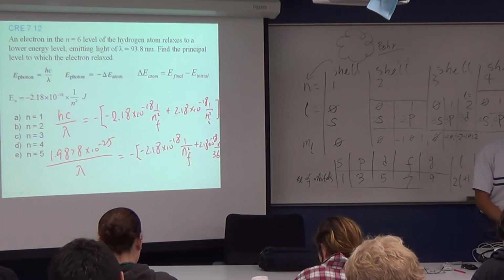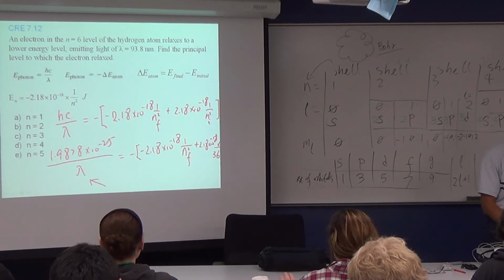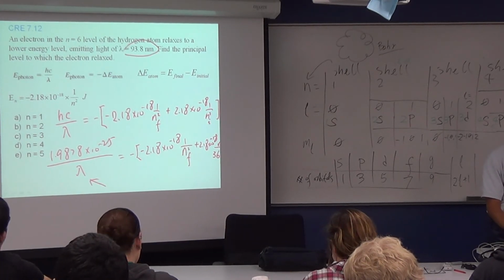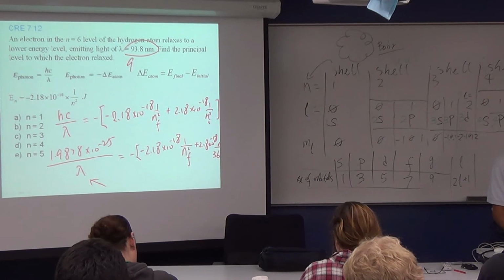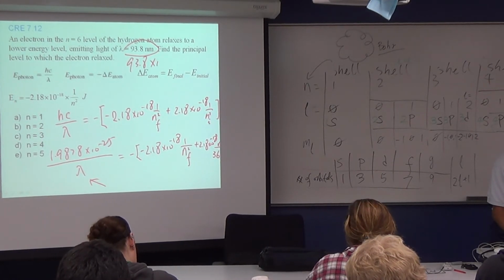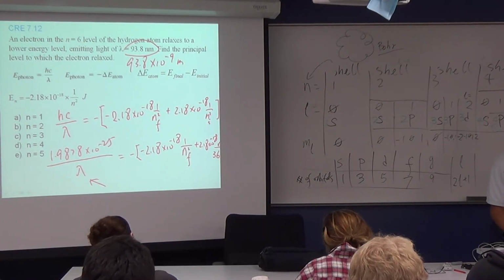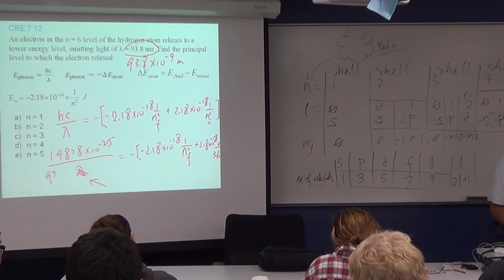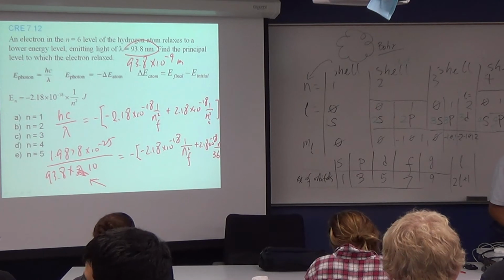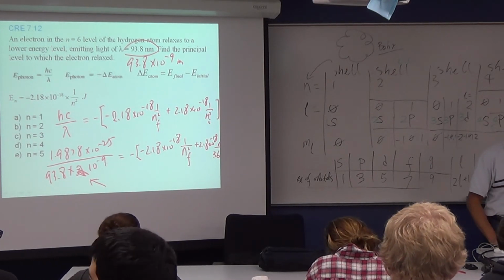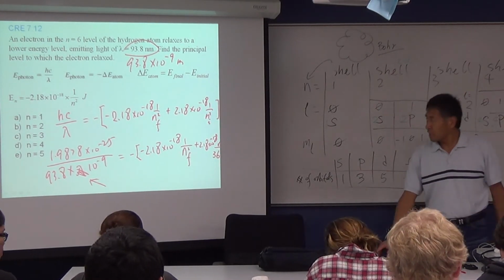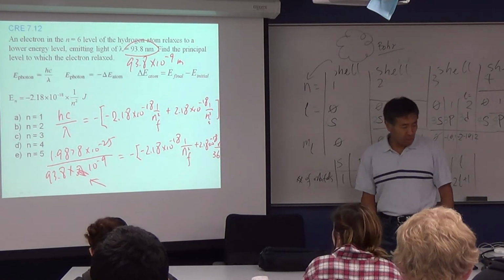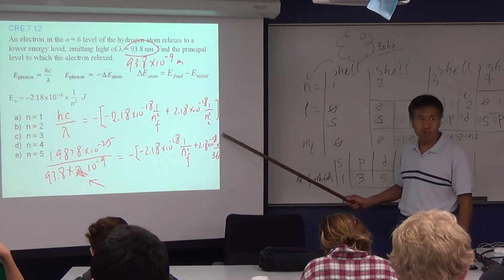Now before you finish this, you just have to change this into meters, right? So this becomes 93.8 times 10 to the negative 9 meter. What you do, you will put this number here, 93.8 times 10 to the negative 9, right? Here probably a bracket, so have a bracket.